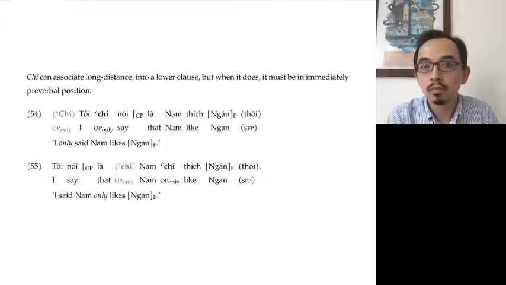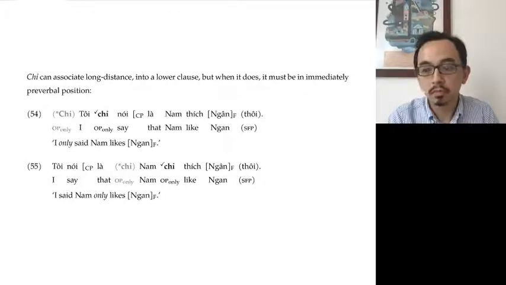Because of an example like 54. If we say, in the case of 54, I only said nam likes ligan, 나는 단지 남이 리간을 좋아한다고 말했다.